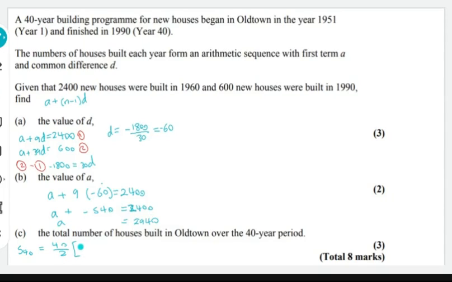plus 39 times minus 60 equals 3,540. Yeah.